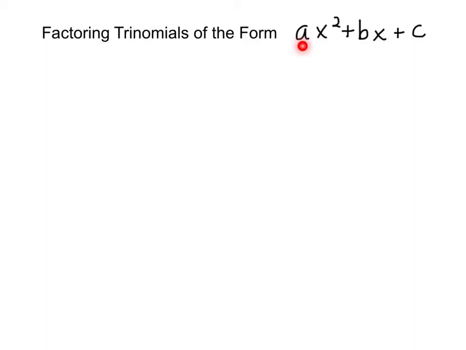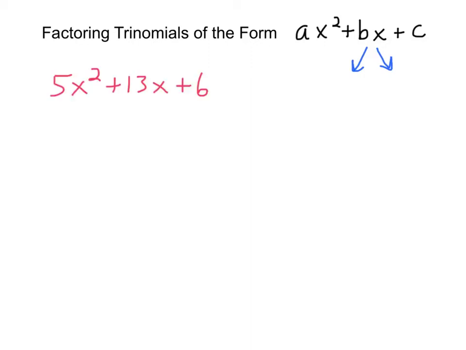And the way we're going to do that is we're going to take this middle term, this bx, and split that up into 2 separate terms. We have to do it a very special way. And once we've split that middle term up, then we'll have 4 terms, and we can finish it out just using grouping every time. Now the important thing for me to show you now is how do you split that middle term up so that grouping will work.